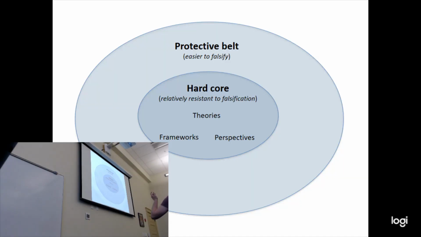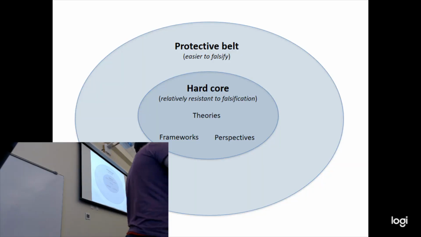You also sometimes hear the word perspective, sort of this idea that there's a broad perspective that you apply to a bunch of different domains. You sometimes hear just the word theory used to mean these hardcore ideas, although sometimes theory is used to mean the stuff on the outside too. It's a little bit confusing.